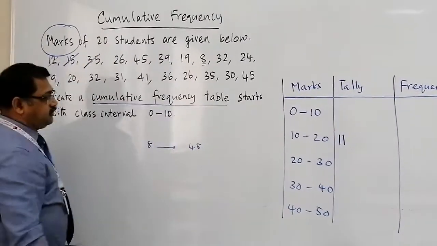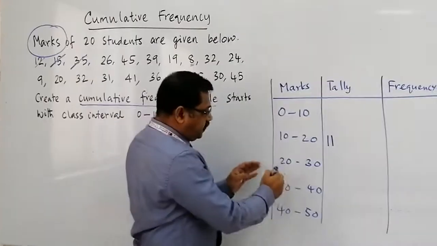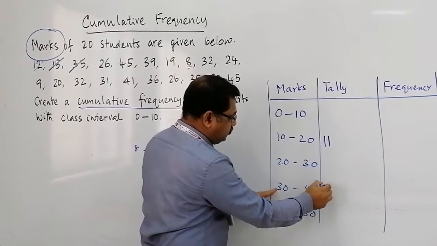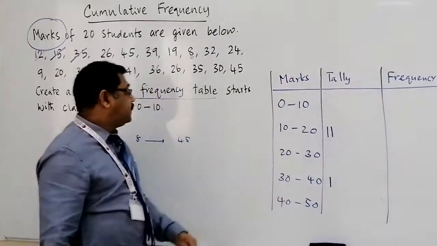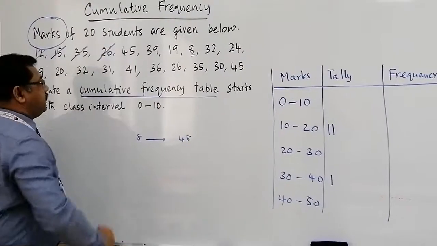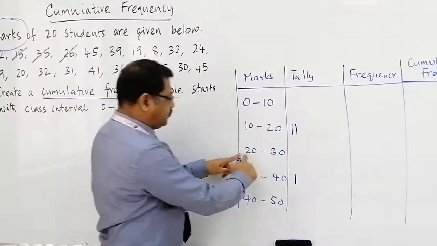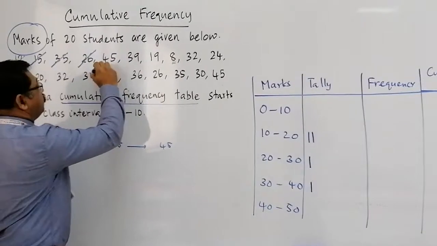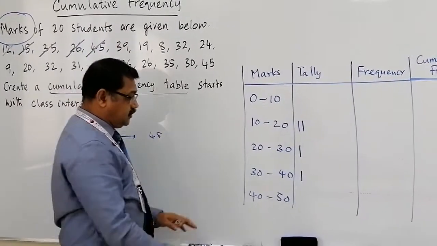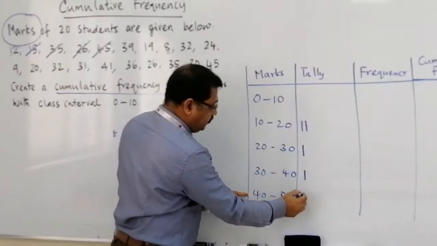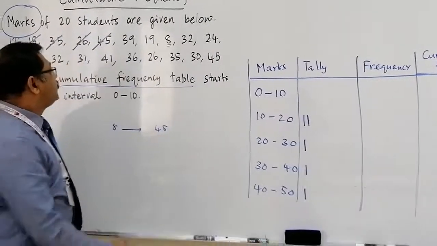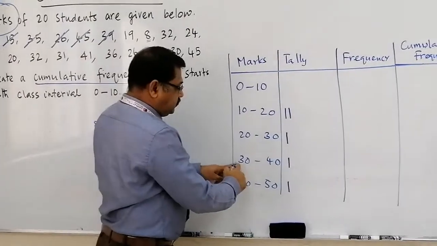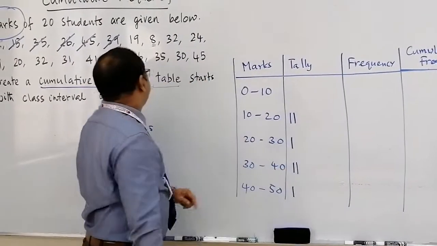Next is 35. 35 falls between 30 and 40, so the tally mark will be in this class. 26 falls between 20 and 30. Next is 45, which is between 40 and 50. 39 is between 30 and 40.